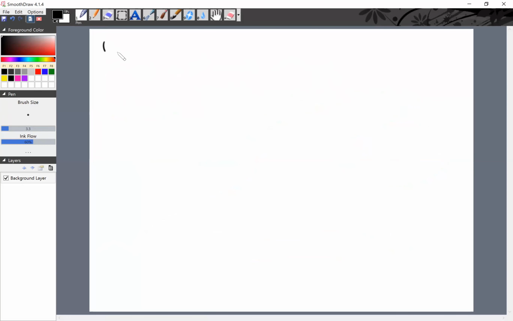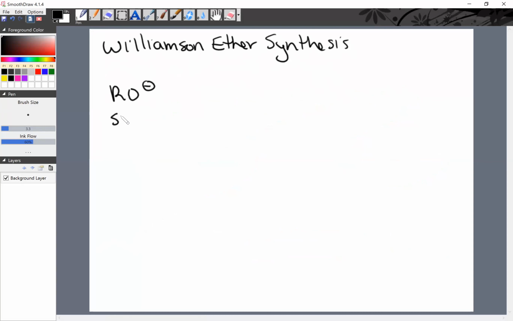All right, the Williamson ether. Not the best way to make an ether because there's very special conditions. Remember, when you have an RO minus, this is a strong base and it prefers elimination. But we're going to tweak our conditions so that, for instance, let's say CH3X.